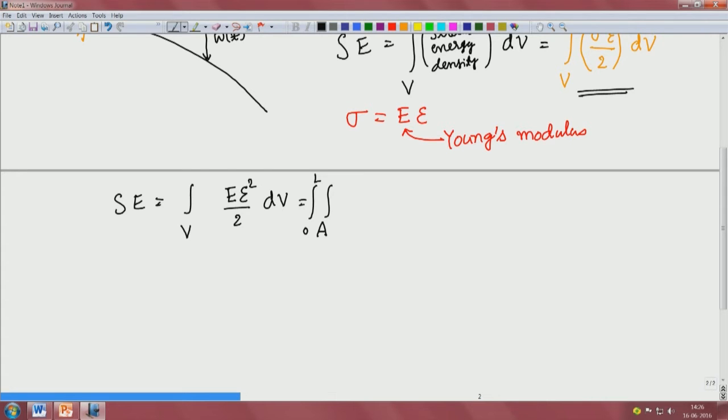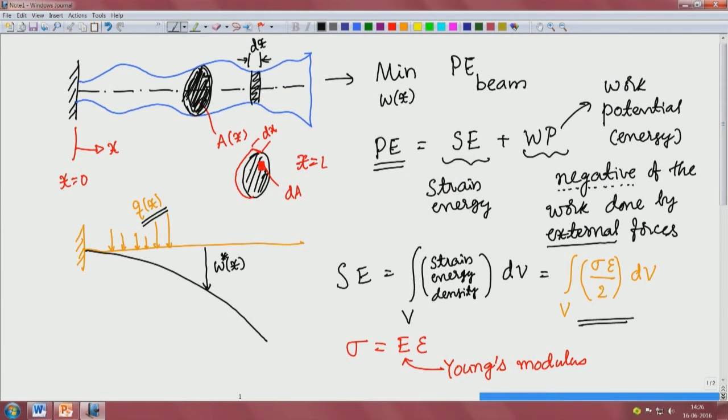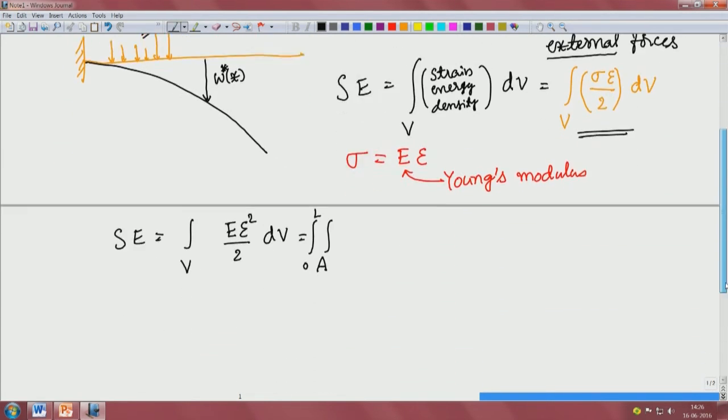Okay. If I want to cover the disc that we just drew, we have to integrate over this entire area here, and then we have to integrate from x equal to 0 to x equal to L, then we will cover the entire volume of the beam.